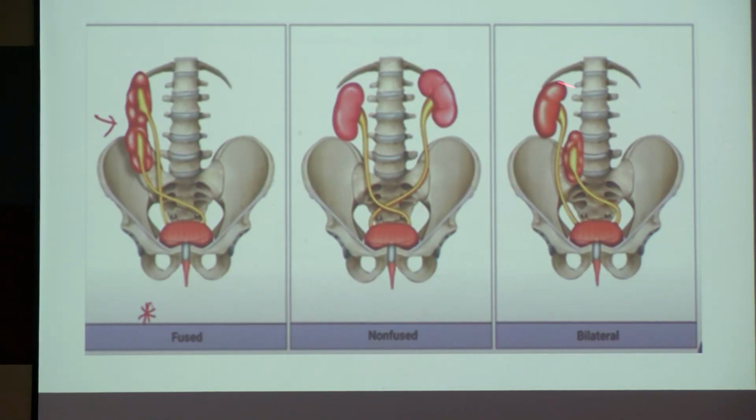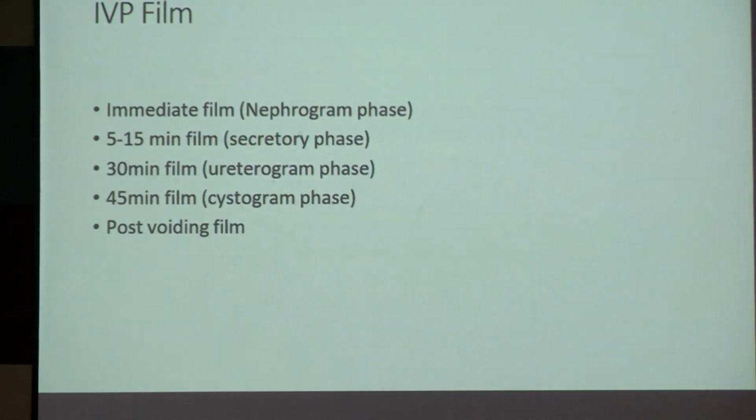If both systems are different, then it is crossed but not fused ectopia. And if one system is going there and one system is going there, it is bilateral crossing, a very, very rare anomaly where the right kidney drains on the left side and the left kidney drains on the right side.